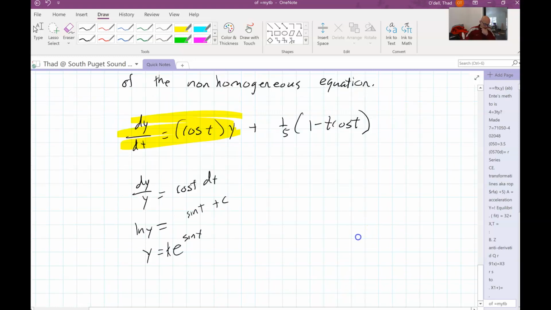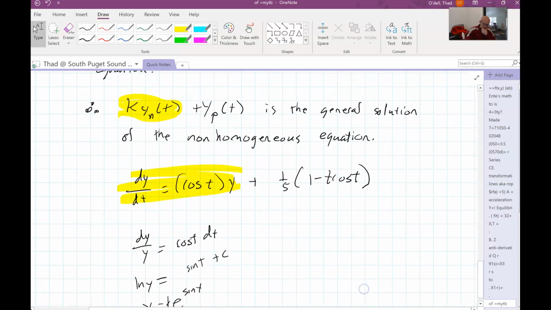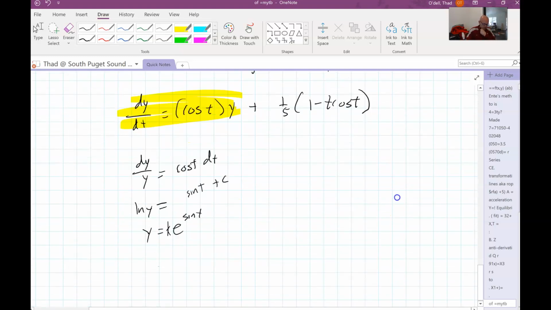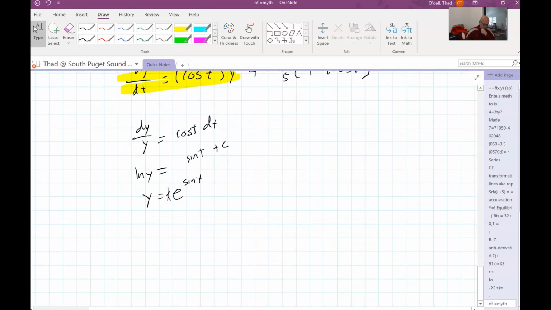So that's the k times y sub h of t. That's the solution to the homogeneous part of the equation, so this is a solution to the yellow part.